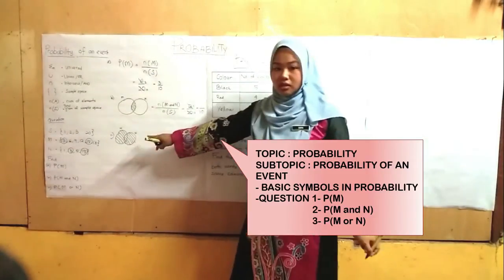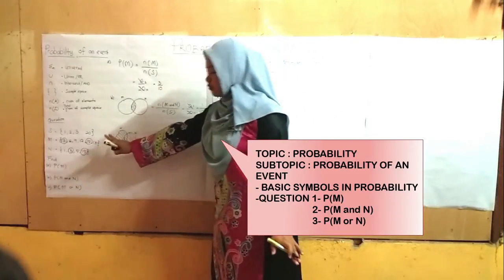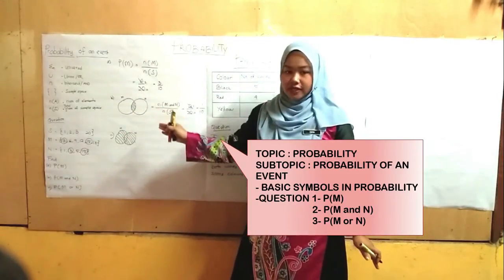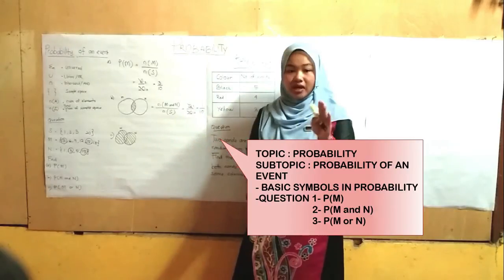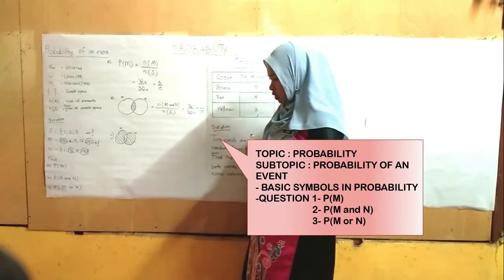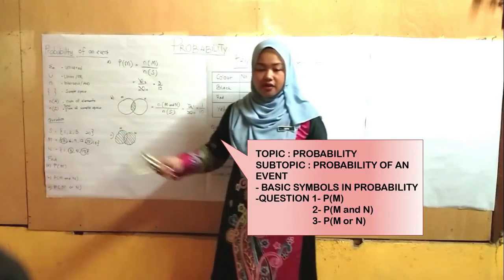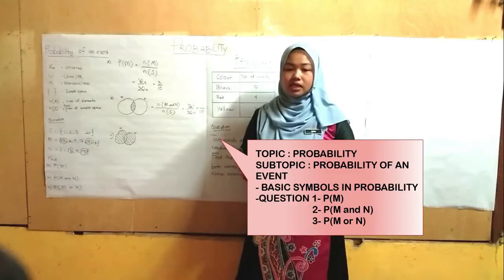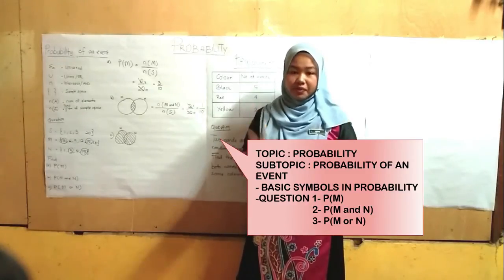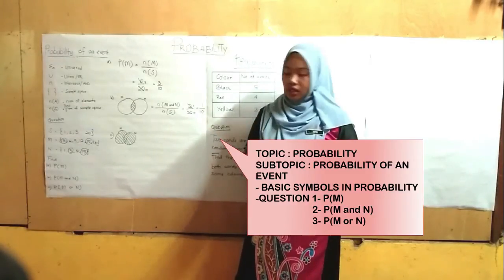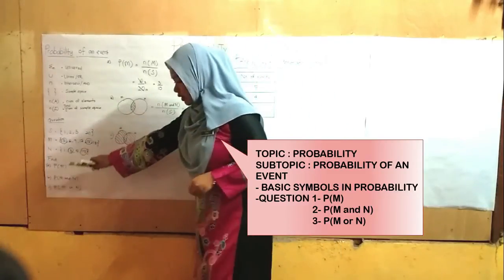We take all of the elements in events M and N, but we have to remember, if both events have the same elements, we just count as one. Do not repeat the same elements. So we count together.